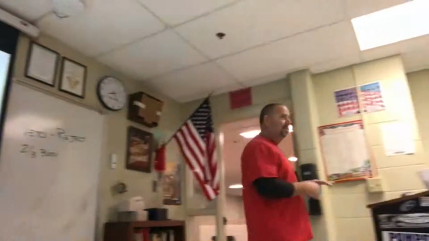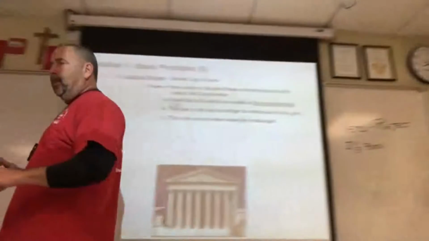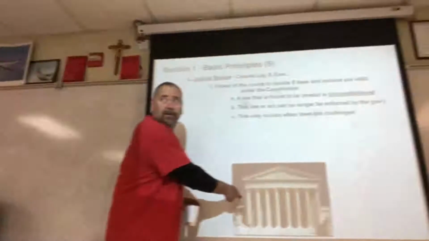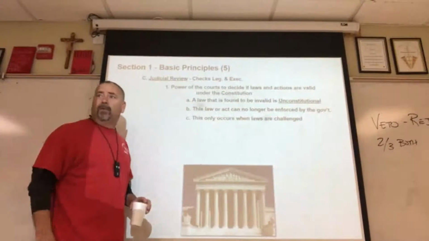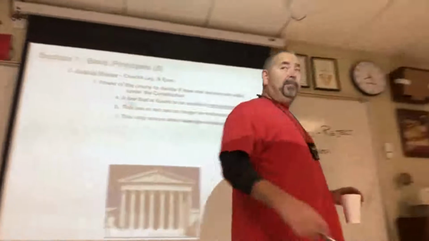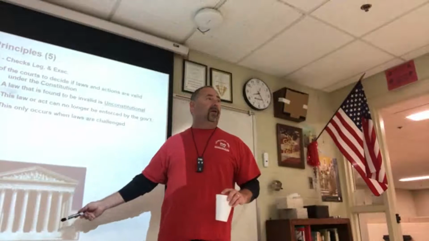Now, originally, the first Supreme Court, and this is the Supreme Court building, by the way, so you guys might have seen it when you were in D.C. That building was not built until much later.